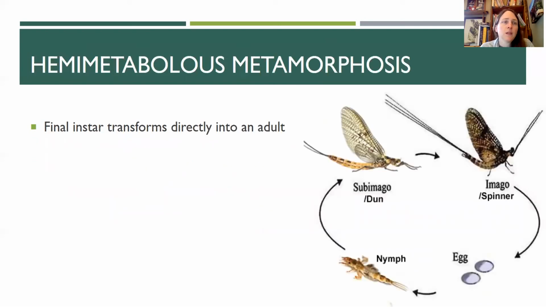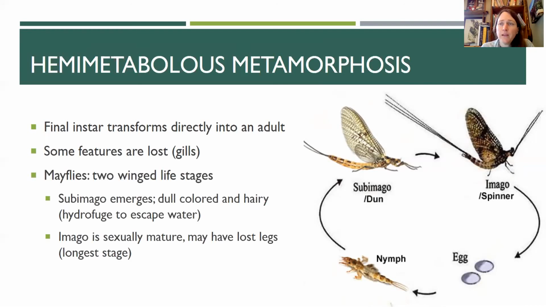So in hemimetabolous metamorphosis, the final instar nymph transforms directly into an adult. And in this case, it loses a lot of its features like gills. And for mayflies, as shown in this picture, it actually goes through two winged stages.